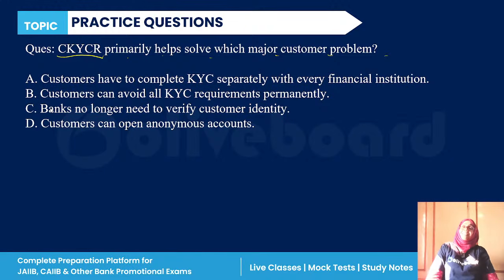So, the customer having to complete the KYC separately with every financial institution was the problem solved by the central KYC record registry. If one financial institution has completed the KYC for a customer and submitted the complete documents in the central KYC record registry, your KYC documents are now stored centrally and can be accessed by any financial institution whenever they want to do the KYC of that customer.